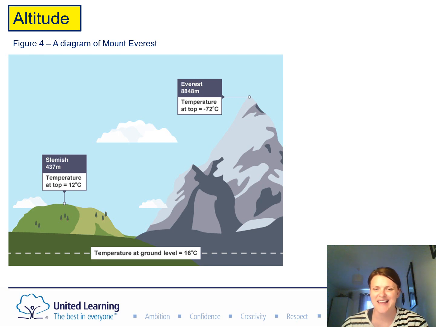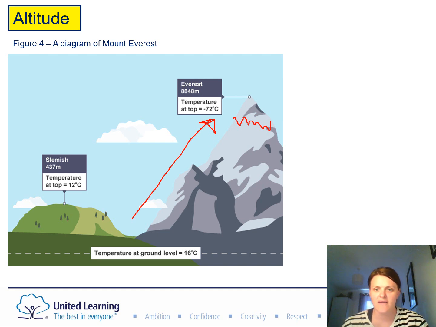Another factor is altitude. This means height of land, so going up in height. When we look at mountains, or typical pictures of mountains, they have snow on them. This is because the higher up you go, the colder it gets.